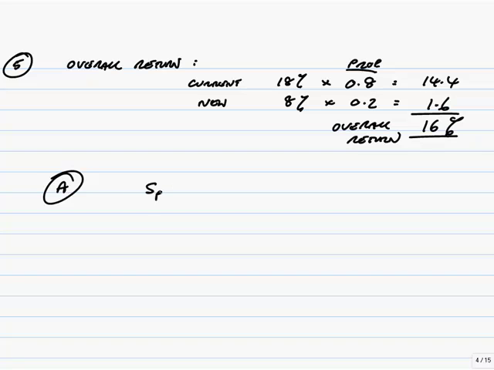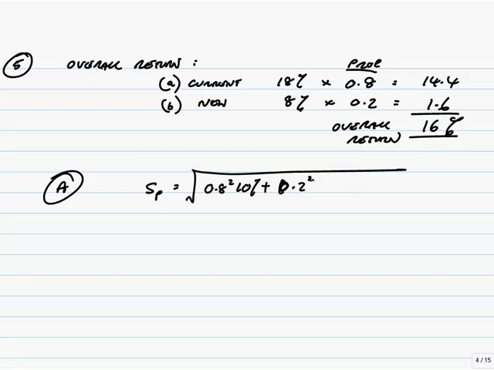The overall standard deviation will be the square root of, if we let current be A and the new be B, the proportion in A is 0.8 squared. Standard deviation of the current is 10 squared. Proportion in the new is 0.2. The standard deviation of the new, remember it's A we're looking at, is 5.